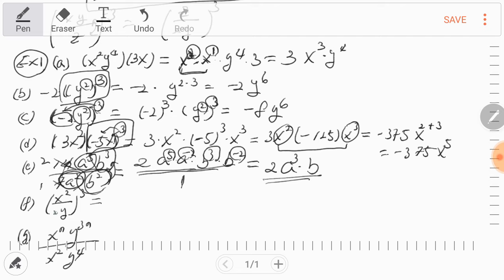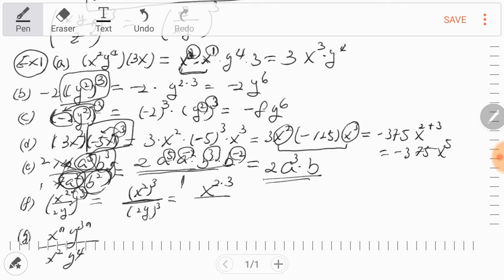Okay, the base is a fraction, so we can assign the power 3 to each numerator and the denominator. So the numerator is x squared, and this x squared is cubed, and the bottom is 2y, and this 2y is cubed as well. Then simplify the numerator and the denominator. The numerator is a power of a power, so what we do is multiply the exponents.